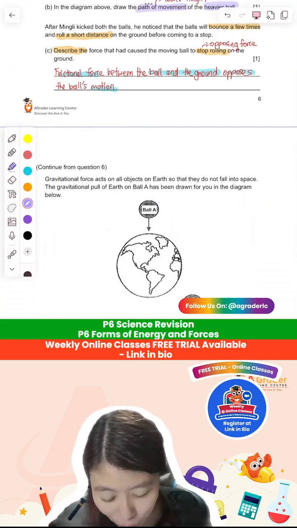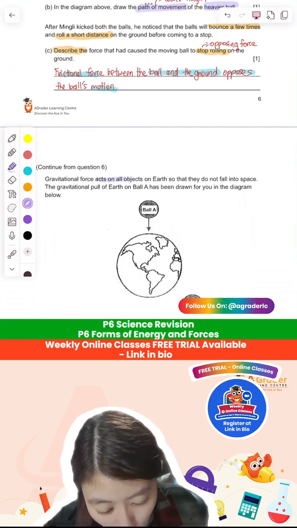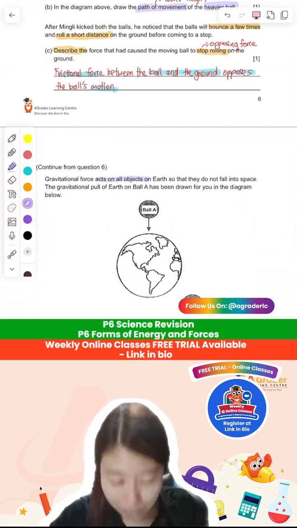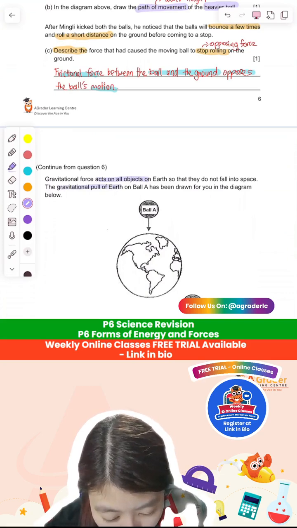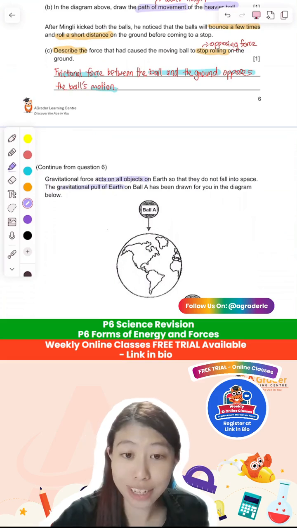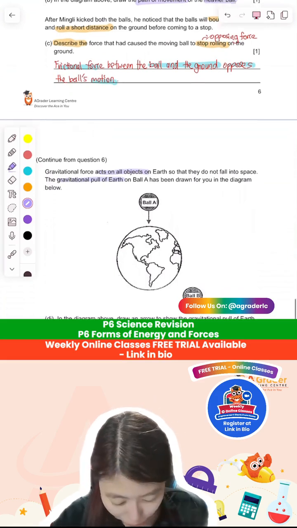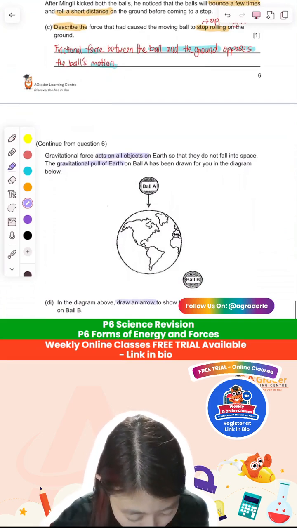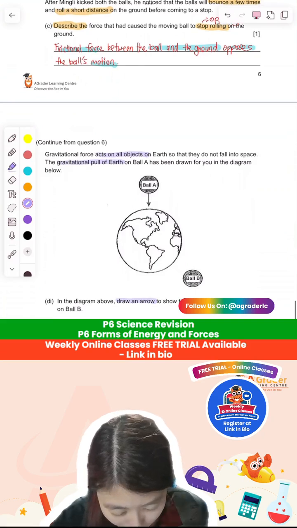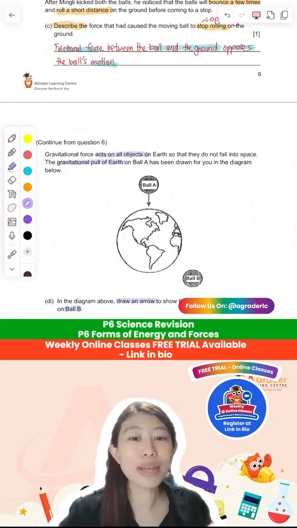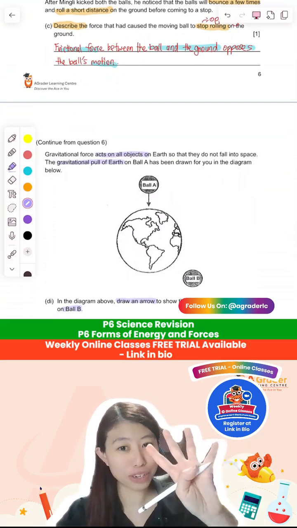Over here, gravitational force acts on all objects on Earth so that they do not fall into space. The gravitational pull of Earth on ball A has been drawn for us in the diagram below. Now, in the diagram above, draw an arrow to show the gravitational pull of Earth on ball B. Let me give you 4 different options.